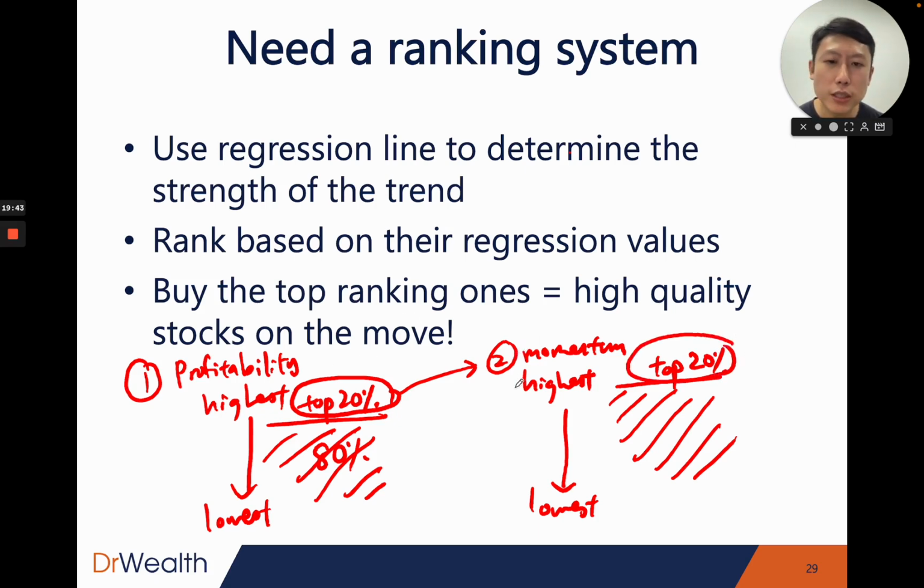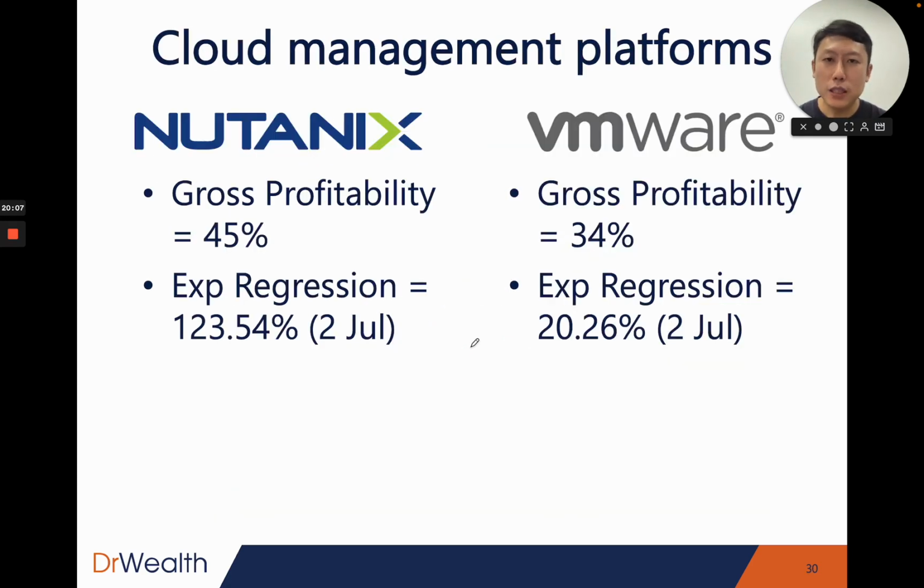So using this two-stage strategy, what we get is the best stocks. I've written here: the high quality stocks that are on the move, or the great stocks that are going up at this point in time. So that is where we want to put our money. The chances of making a higher return in a shorter term are higher doing it this way rather than going against the trend. So let's put this into practice.